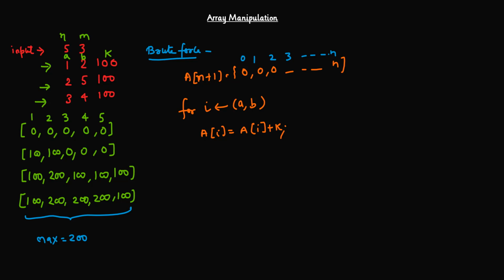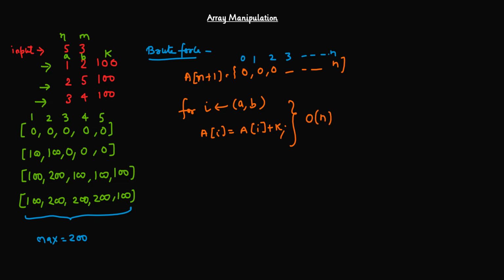Just think about it: how long will it take to add k from a to b? In the worst case, you may end up adding k from here to the end, if the range is 1 to n, like 1 to 5. So at max, this loop will go up to n times. So the complexity for adding this element will be O(n).